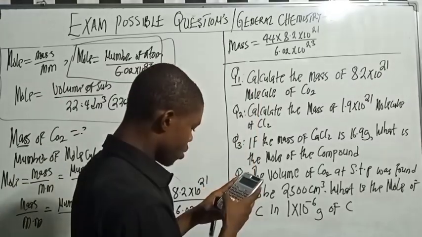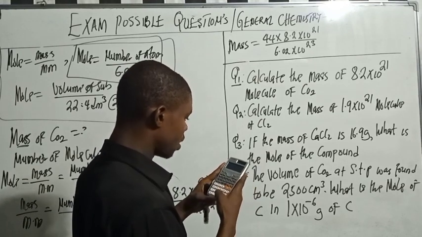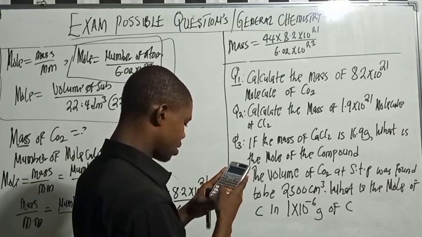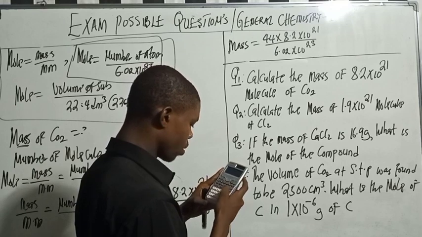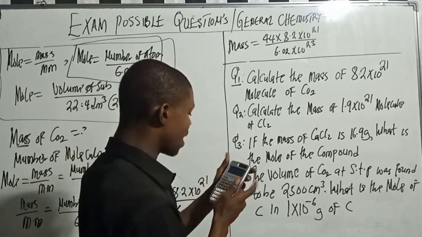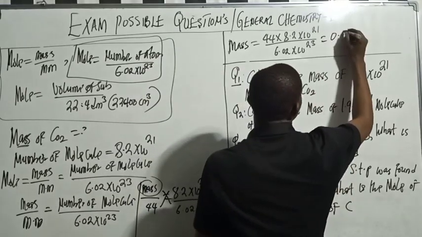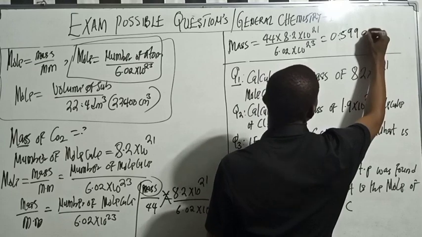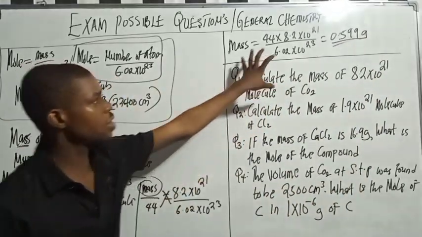So it's going to be 44 times 8.2 exponential 21 divided by 6.02 exponential 23. So the answer is 0.599 gram. That is the answer. Do you get that? So we have done the first answer.